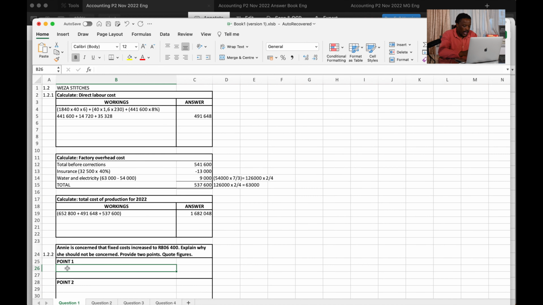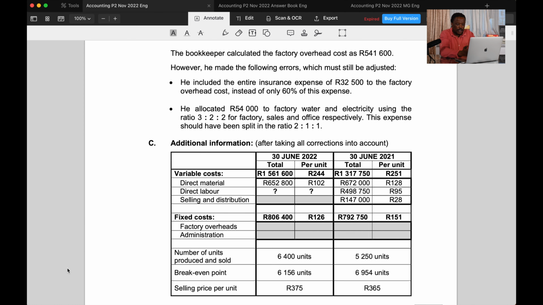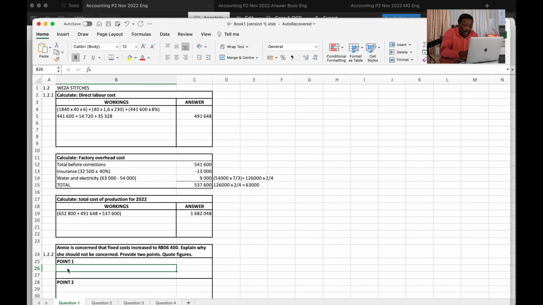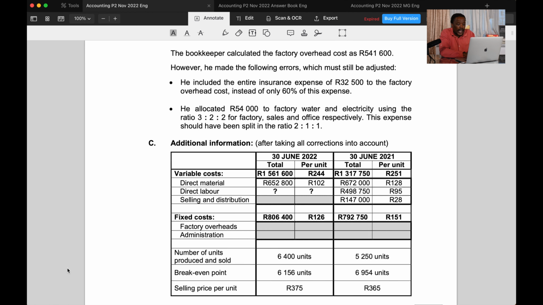Point one. Let's look at the product, and they want you to mention that increase, to say number of units produced and sold increased, and you must just show with calculations that it increased.